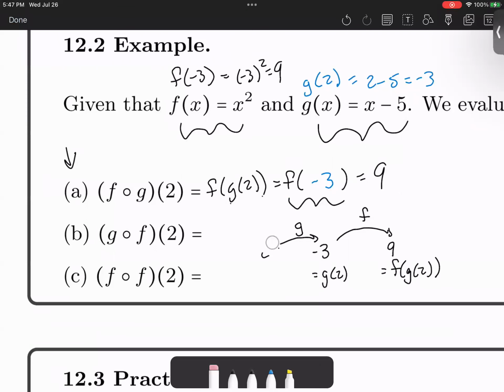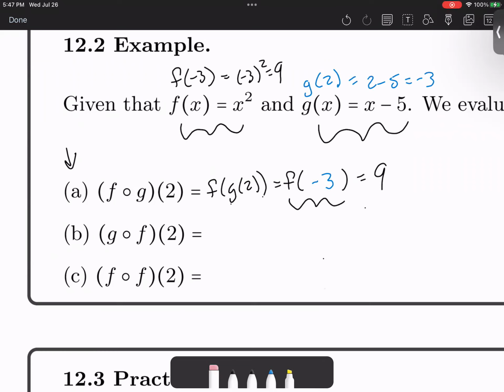Okay, let's keep going. Part B asks for the composition in reverse. So we're going to look at g of f of 2. So f is being done to 2 first, and then the g function.